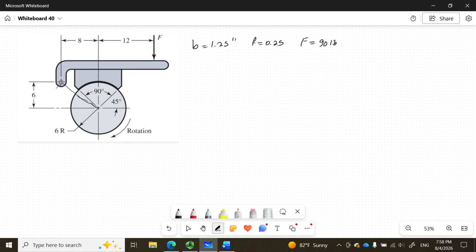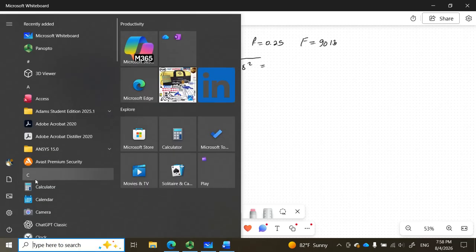So how do I find it? If I build a right triangle here, this is 6 inches, this distance is 8 inches. Okay, so A equals the radical of 6 squared plus 8 squared. Let me write this down.